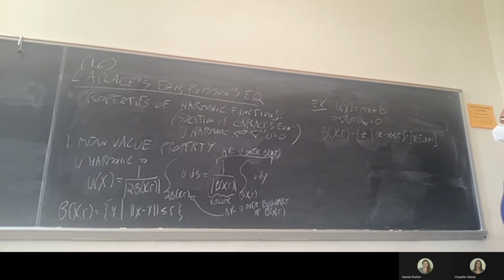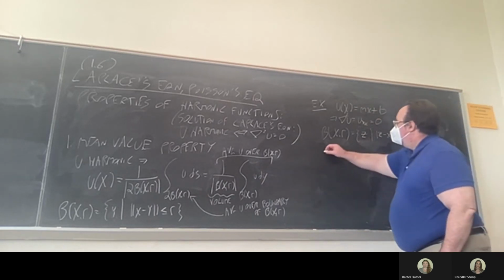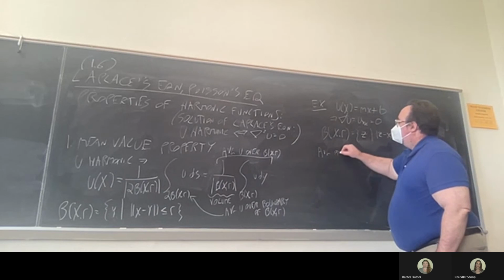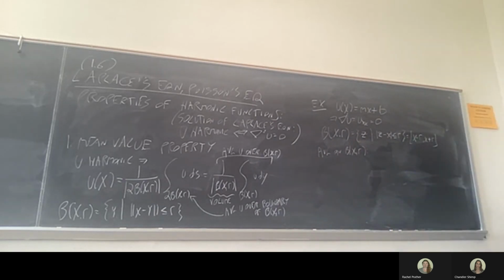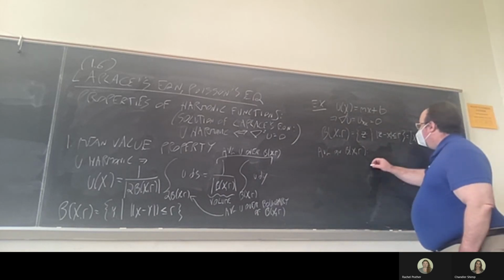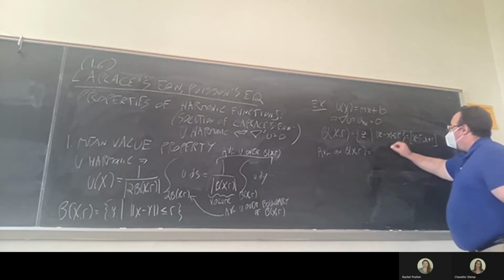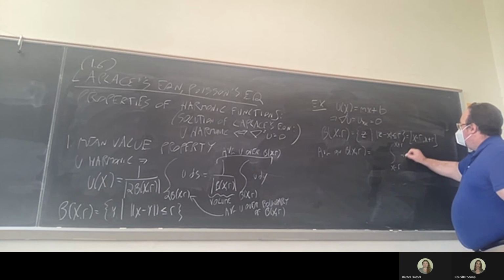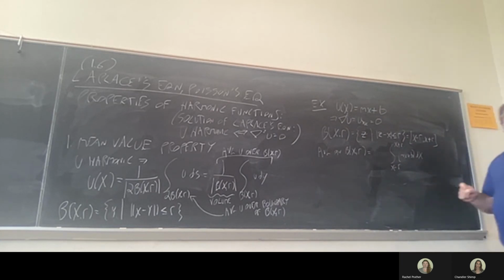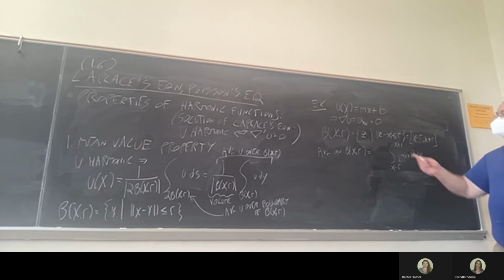Okay. So now, the average value on the ball at x with radius r, which is just the interval, would be equal to the integral from x minus r to x plus r of mx plus b dx, and then you have to divide by the size of the ball.